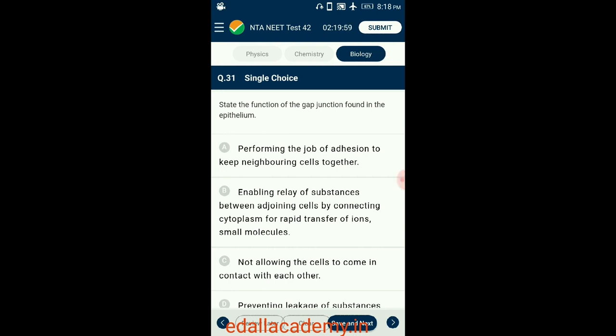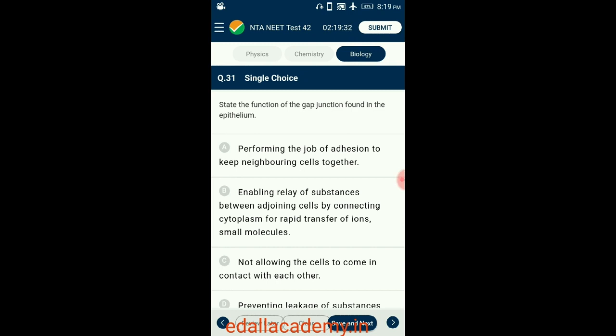There are 3 types of junctions. Tight junctions are present between cells. They prevent leaks of material which is not required across the tissue and also keep cells separate. Second one is adhering junctions. As the name suggests, they do the job of adhesion between the cells, keeping them together.